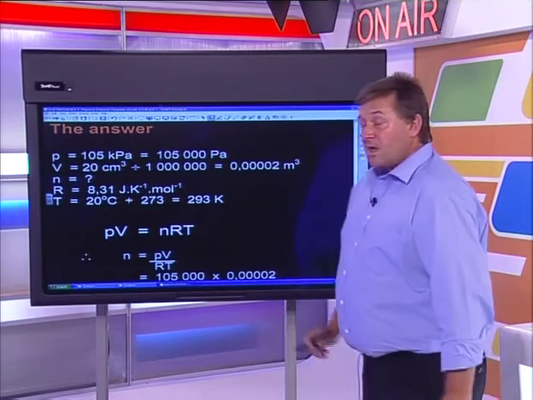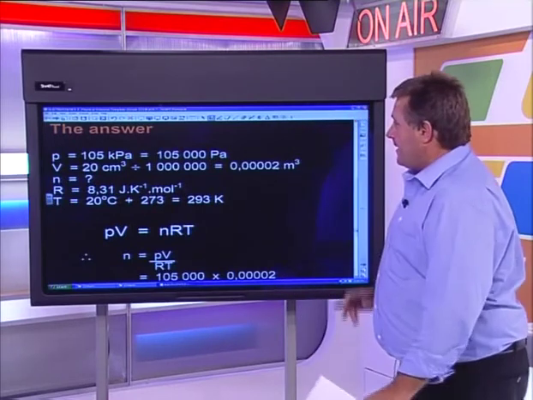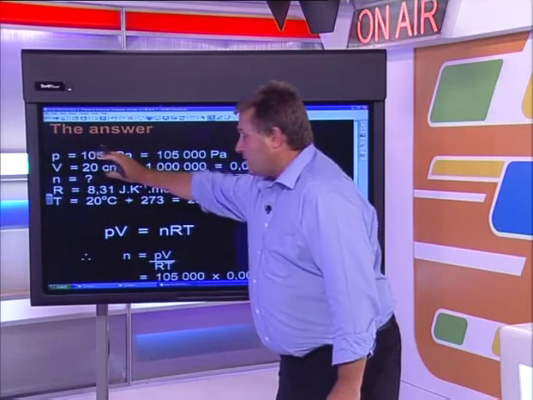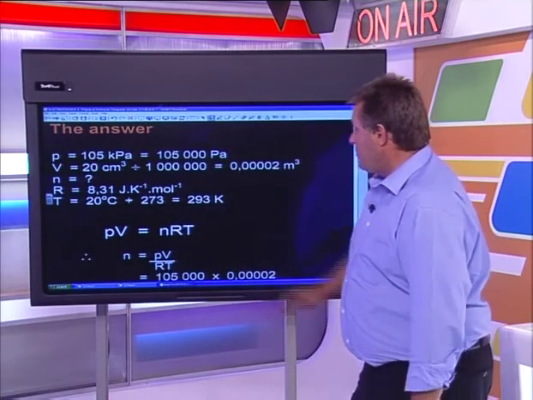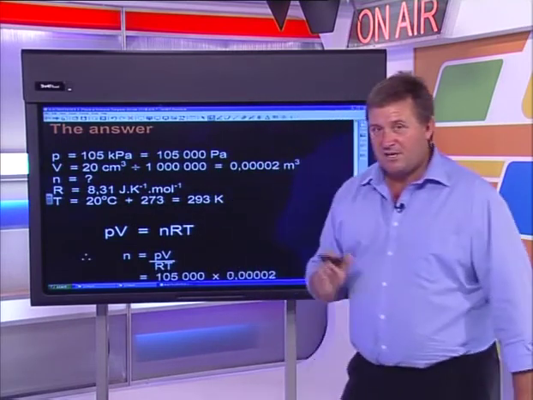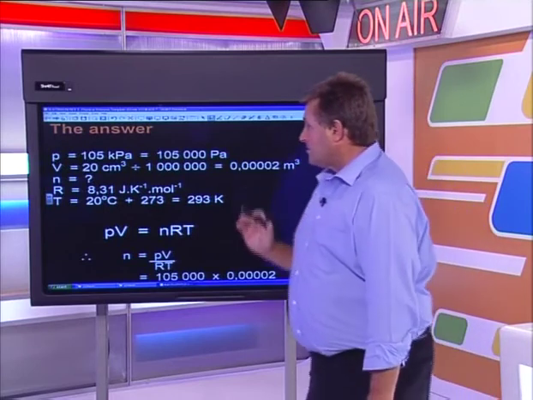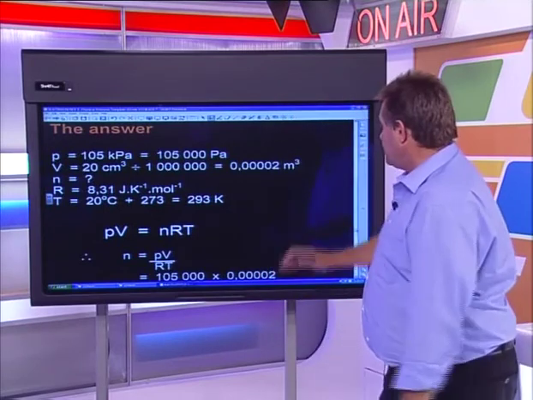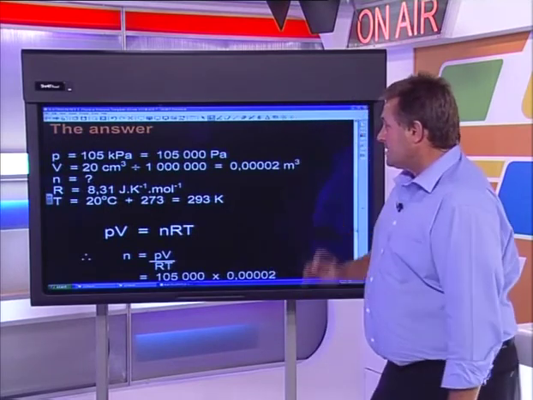Okay guys, remember from last week when we spoke about our gas laws, we spoke about our units of pressure and our units of volume. We must convert our pressure into pascals, and we must convert our volume into cubic meters.